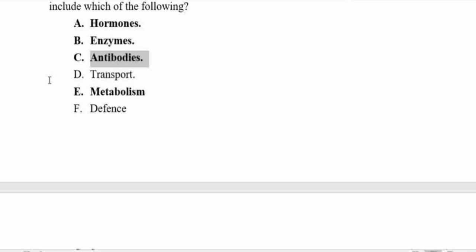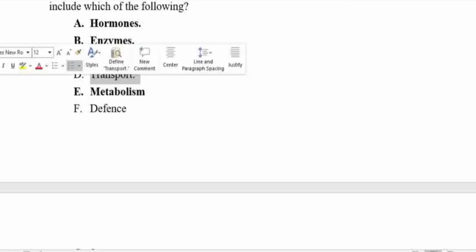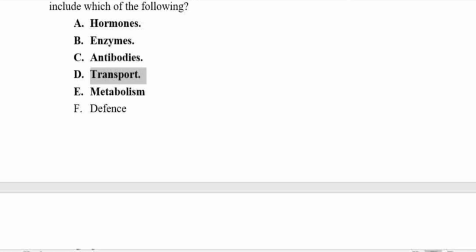For example, we can think of a protein called hemoglobin. It's a complex protein, and what it does is that it helps in transport of oxygen. So it means proteins play a role. When you breathe in air, the hemoglobin will combine with the oxygen in the air to form oxyhemoglobin.